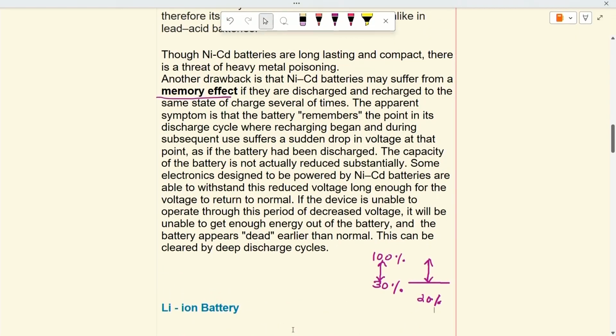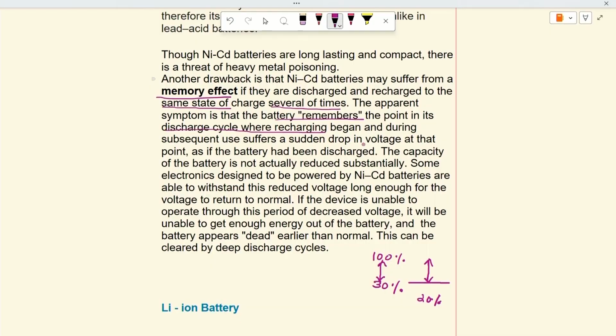Now, let us see in detail. If batteries are discharged and recharged to the same state, which is 30% in my example, several times, there is a symptom in that battery: it remembers the point of the discharge cycle and recharging, that is, up to where it has to be discharged and from there it has to be recharged.